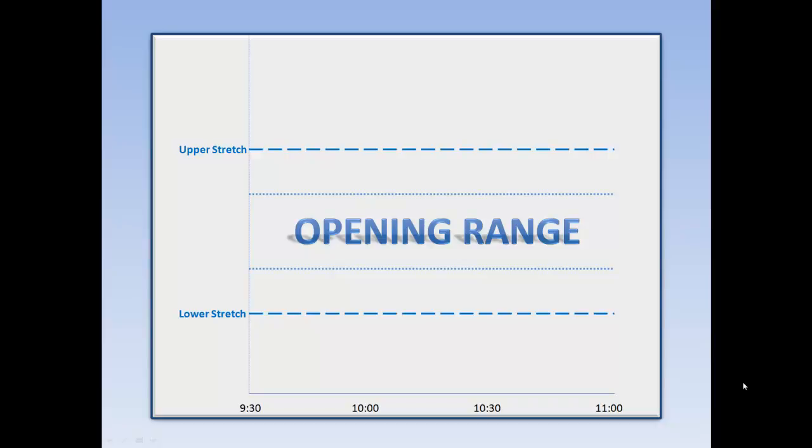Now, I like to call them stretches, like an upper stretch and a lower stretch. These points are, if price leaves the opening range and can stretch to a certain point, then it's either going to get rejected at that point or it's going to get accepted at that point. And if it gets accepted, then it's going to continue the breakout, and that would be a good breakout to take and take trades in that direction.